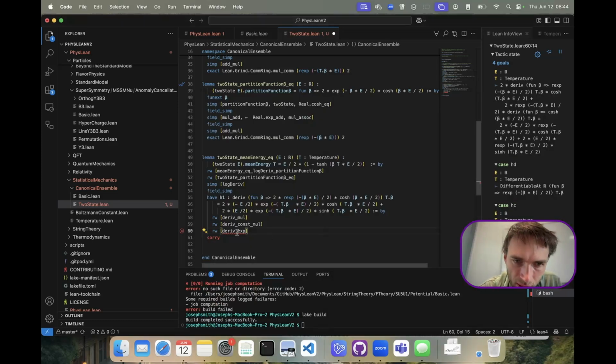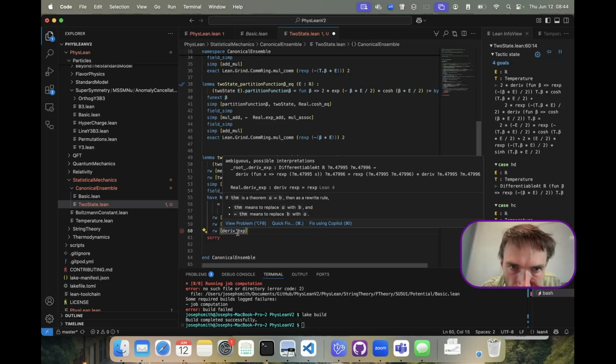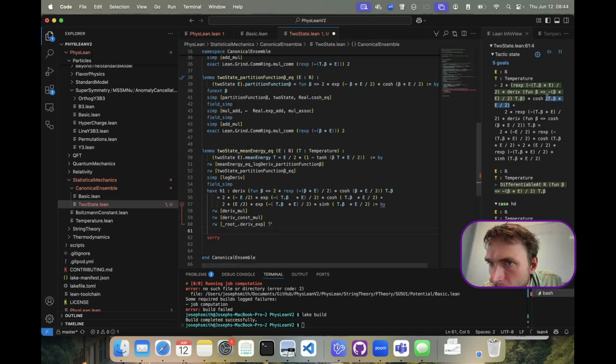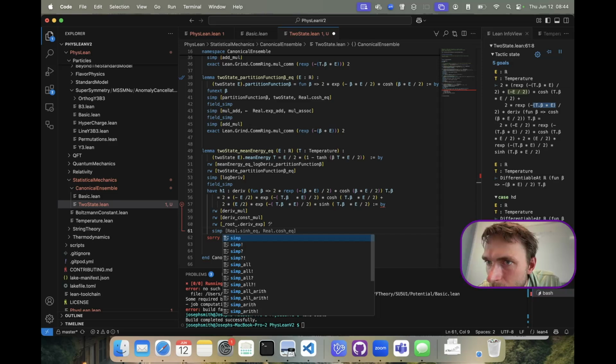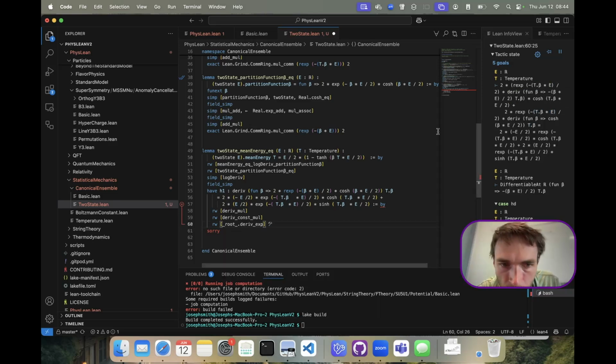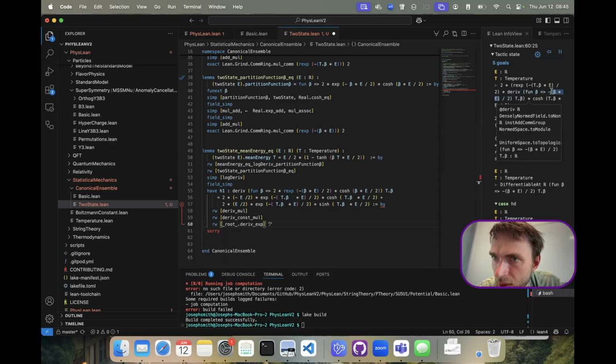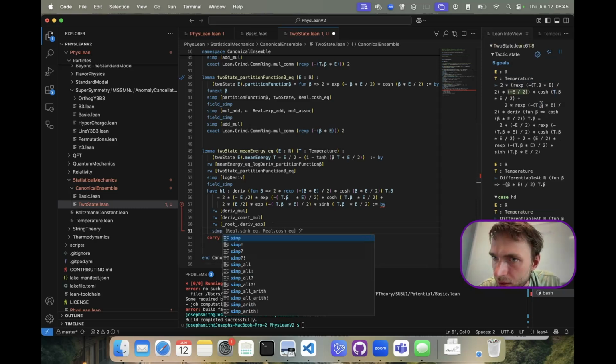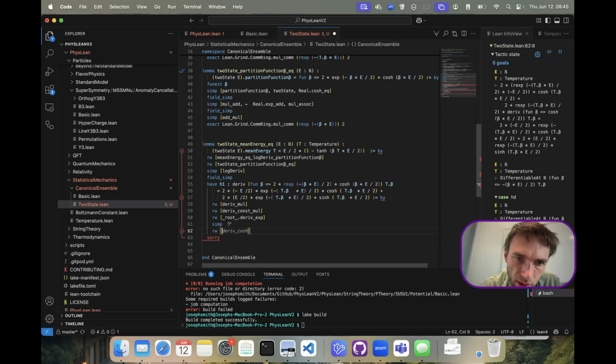So it is not possible to, two possible interpretations. Okay, good. So that's easy to solve. We just give it the root one. And that has done our derivative. And if we go simp, so before I did simp, we had this derivative here, which is just a linear derivative of this beta. So if I do simp, that simplifies everything down nicely. And now we want to do this derivative of this cosh.